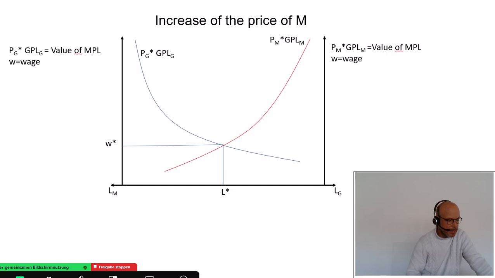Let's do this then. Given, so to speak, now the situation of autarky, I'm alone. This is my market equilibrium. And now we ask what happens in this situation when we are opening for the world market.